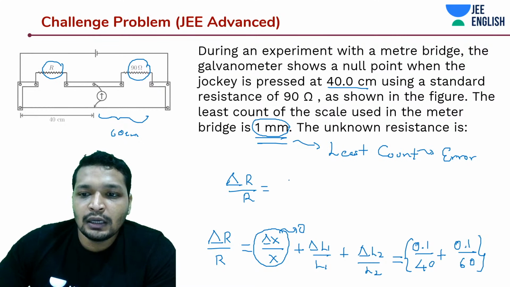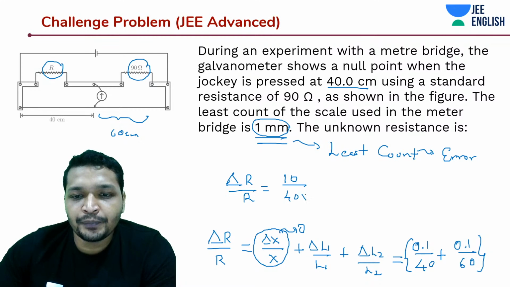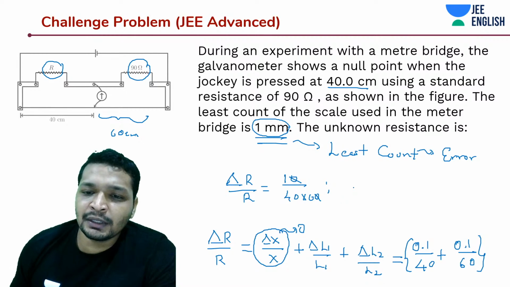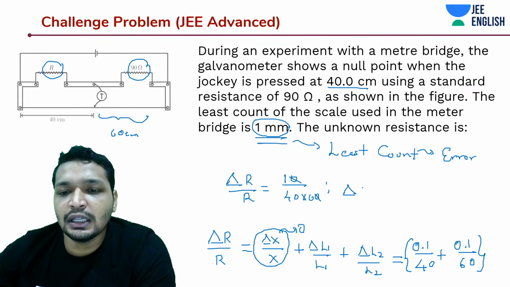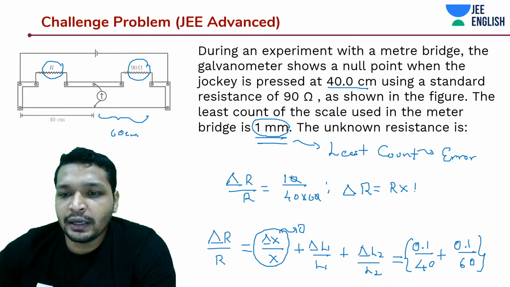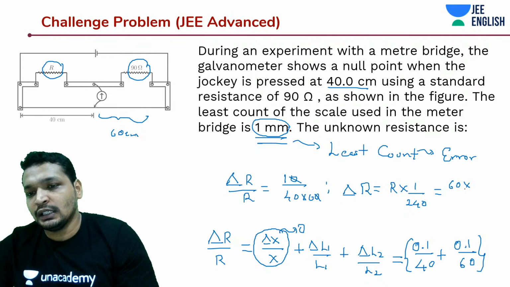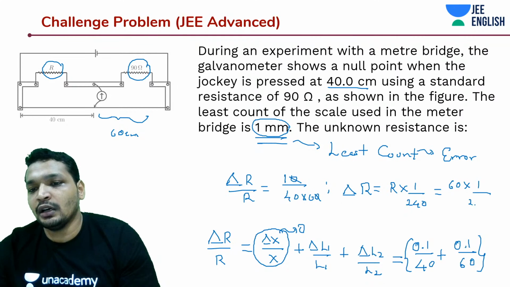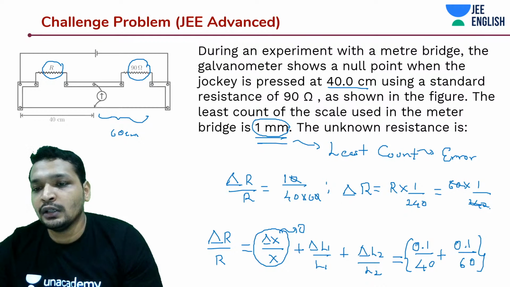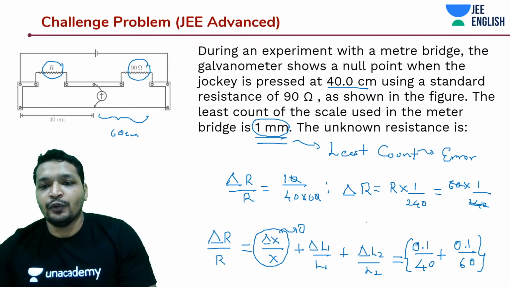That is 10 by 14 to 60. Cancel out 1. It's going to be 1 by 240 or something like that. But delta R, how much is the error in R? Delta R is equal to R into 1 by 240. That is equal to, how much is the value that we just found out? 60, right? 60 divided by 240. That's going to be 4, right?